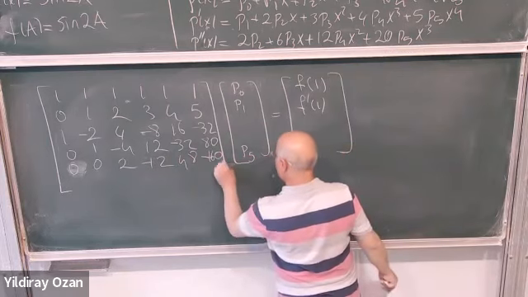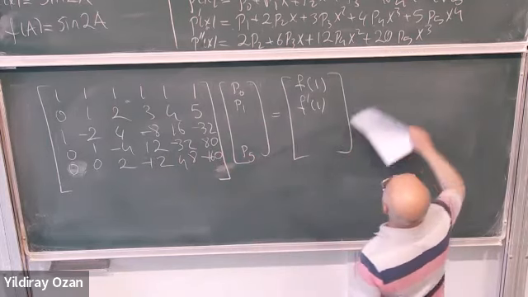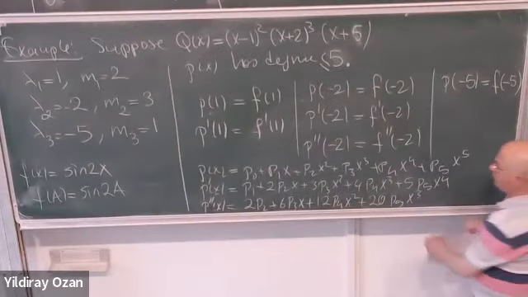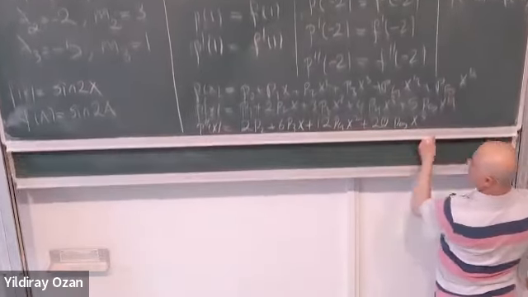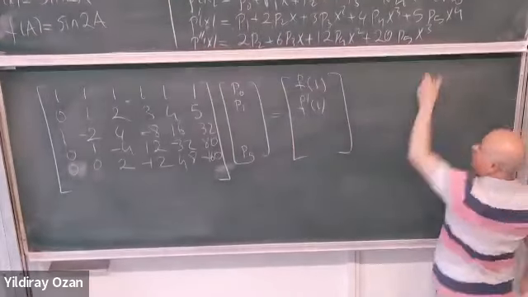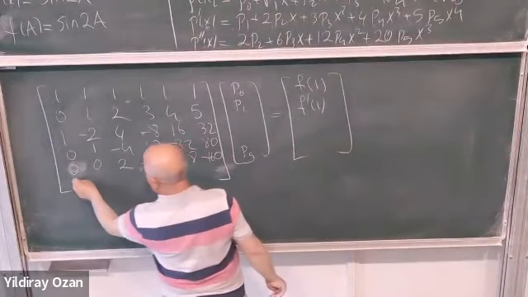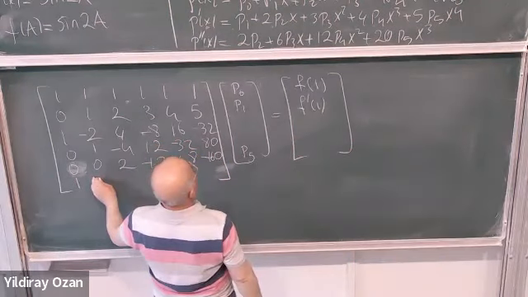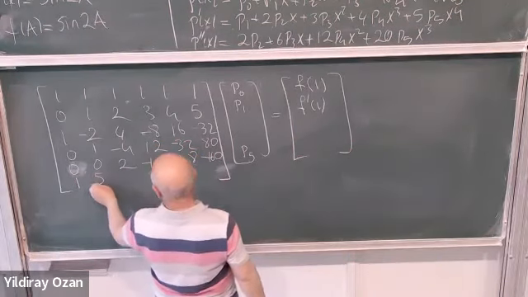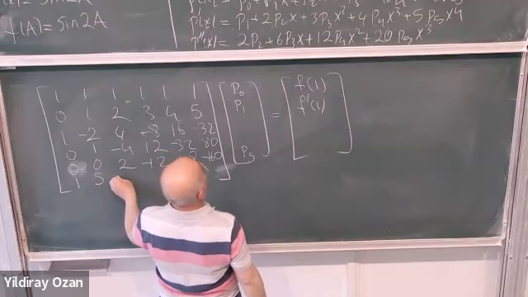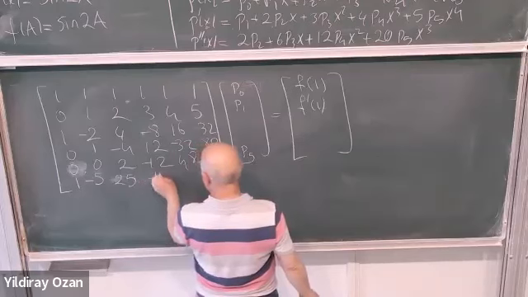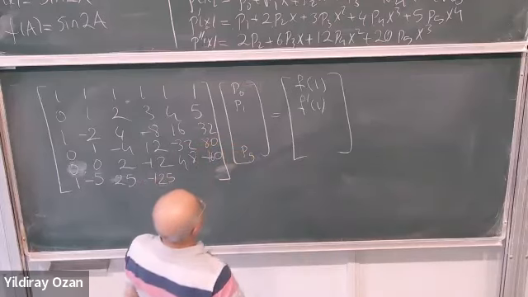Okay. And then we plug -5. When you plug -5, you get 1, 5 minus 5, 25 minus 125. Değil mi?